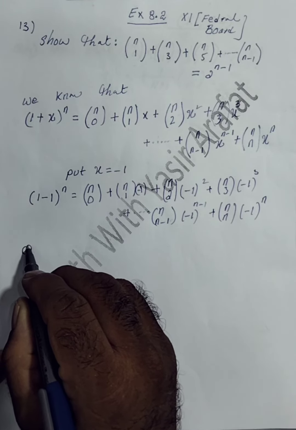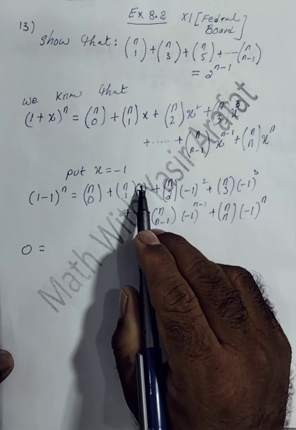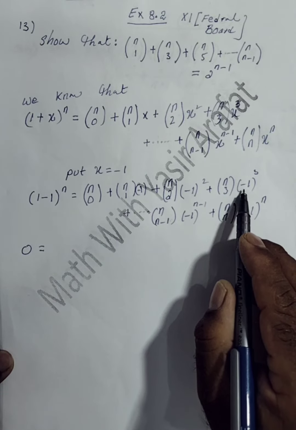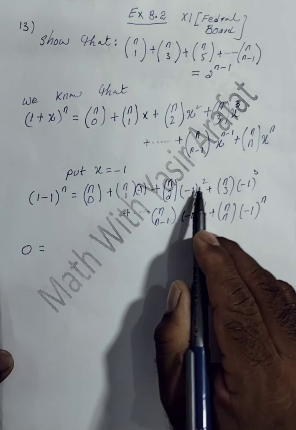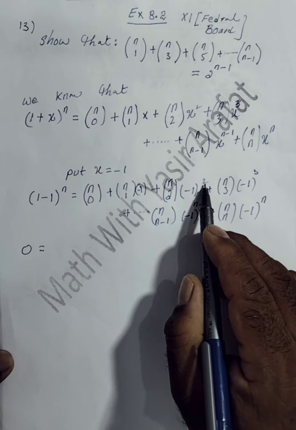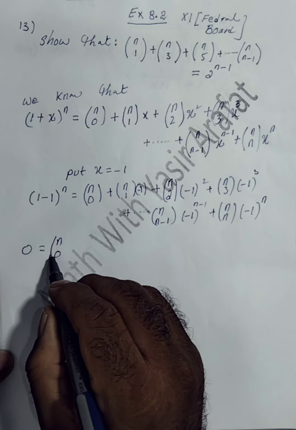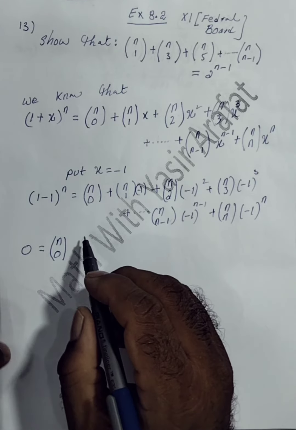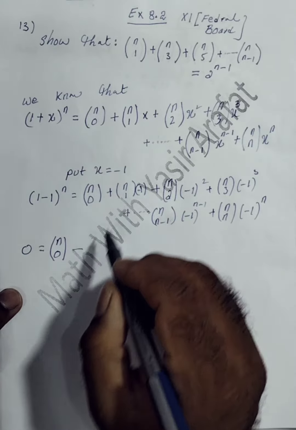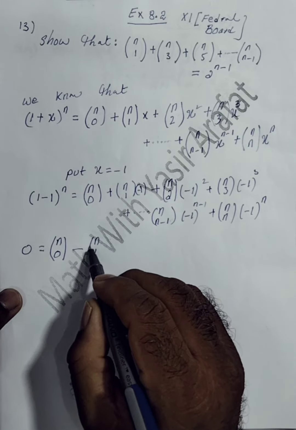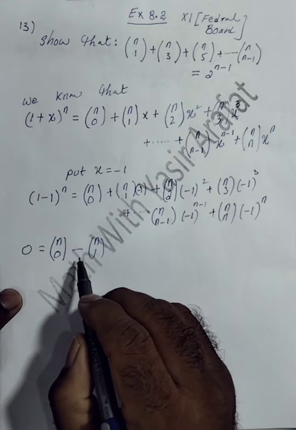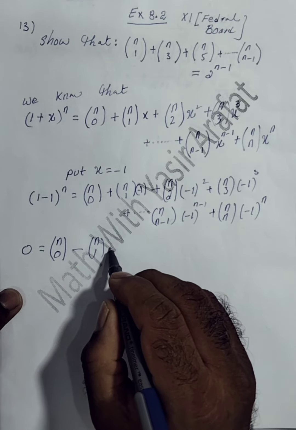So here, if the power is odd, then the negative remains negative, and if the power is even, then the negative becomes positive. So this is nC0, minus nC1, plus nC2, because minus 1 squared is plus.